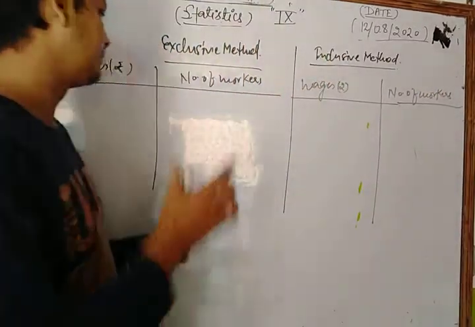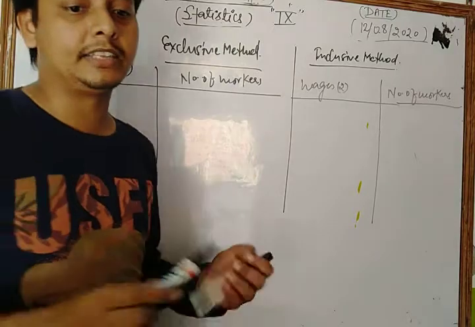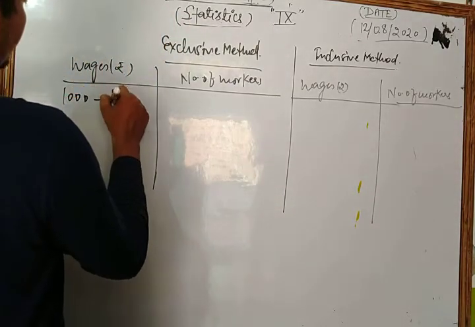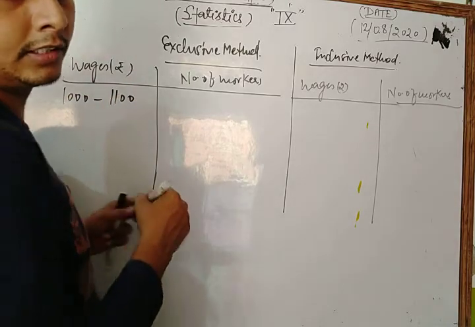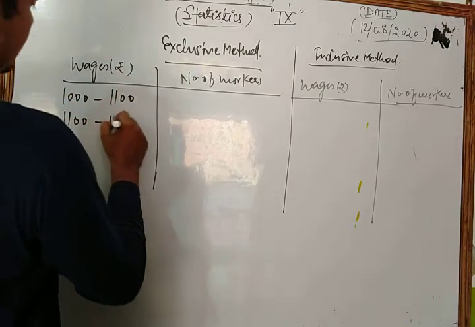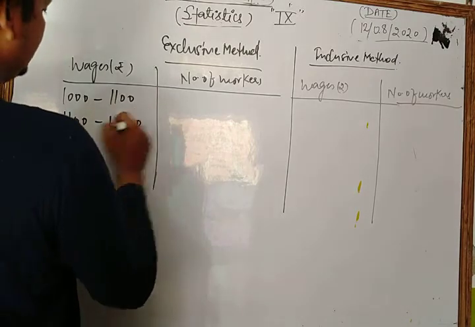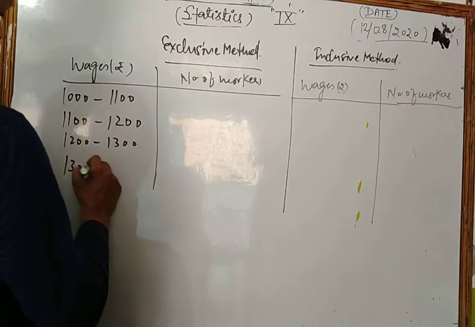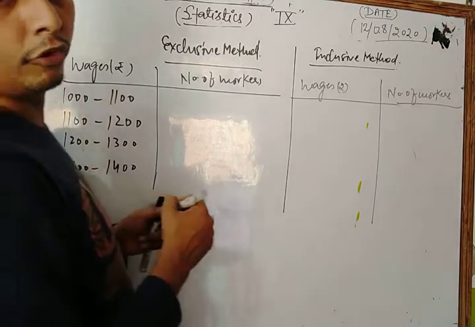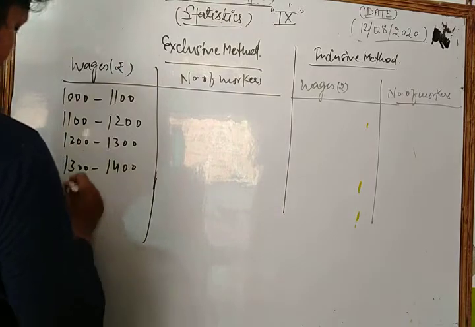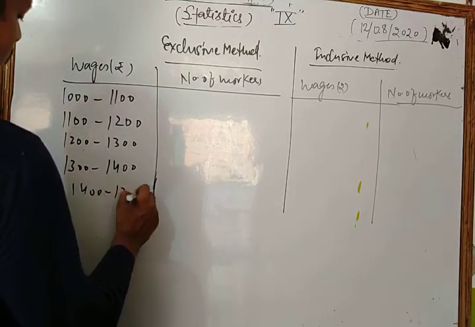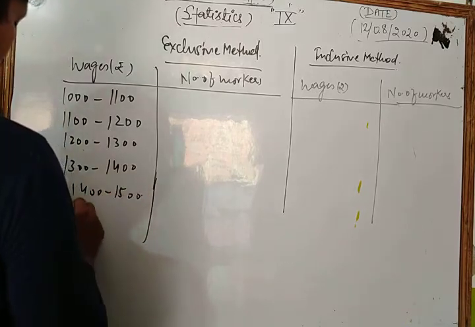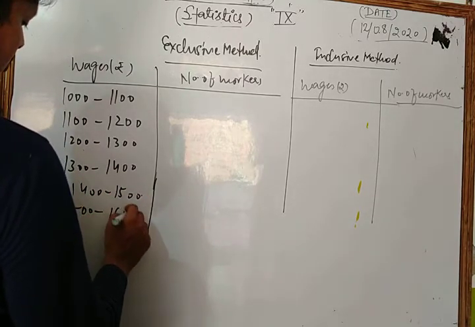Now let's see, dear students. First we take wages in class intervals: 1000 to 1100, 1100 to 1200, 1200 to 1300, 1300 to 1400, 1400 to 1500, and the last one 1500 to 1600.